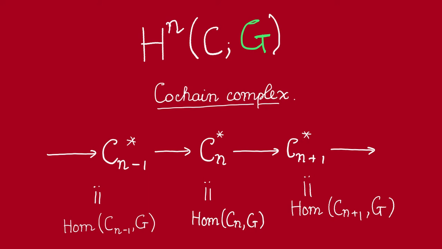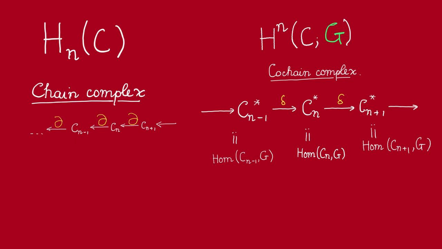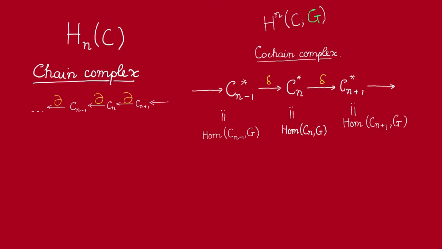Okay, now we know the definition of these groups, but what about these maps? Well, they're just going to be the duals of these boundary maps. In other words, they are going to be pullback maps. Let us explain. Say we have a cochain f from Cn to G. Then the image of f under this coboundary map is going to be the pullback of f under the boundary map.